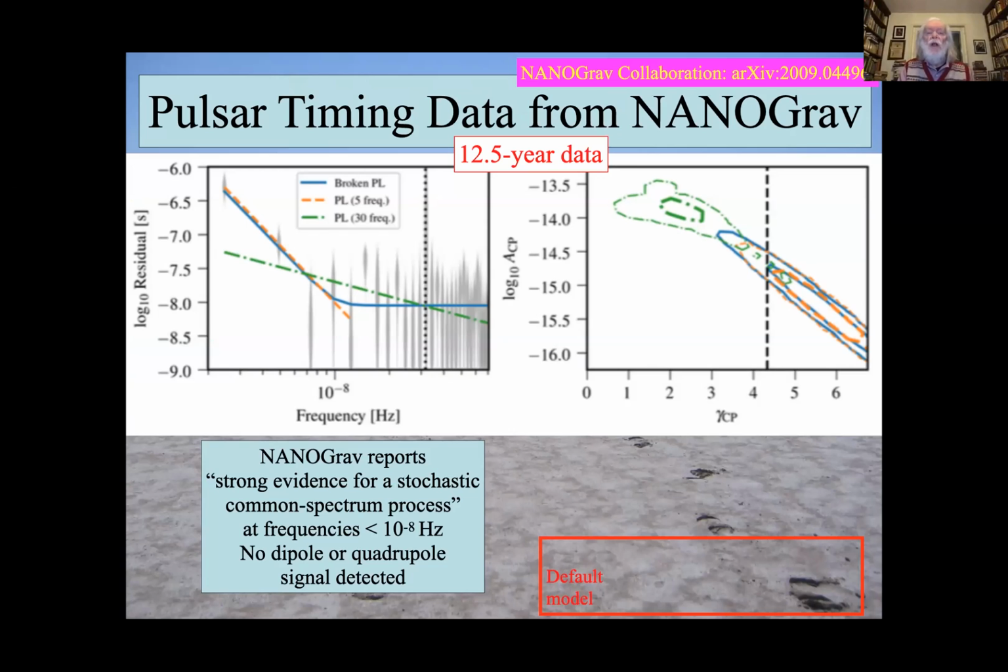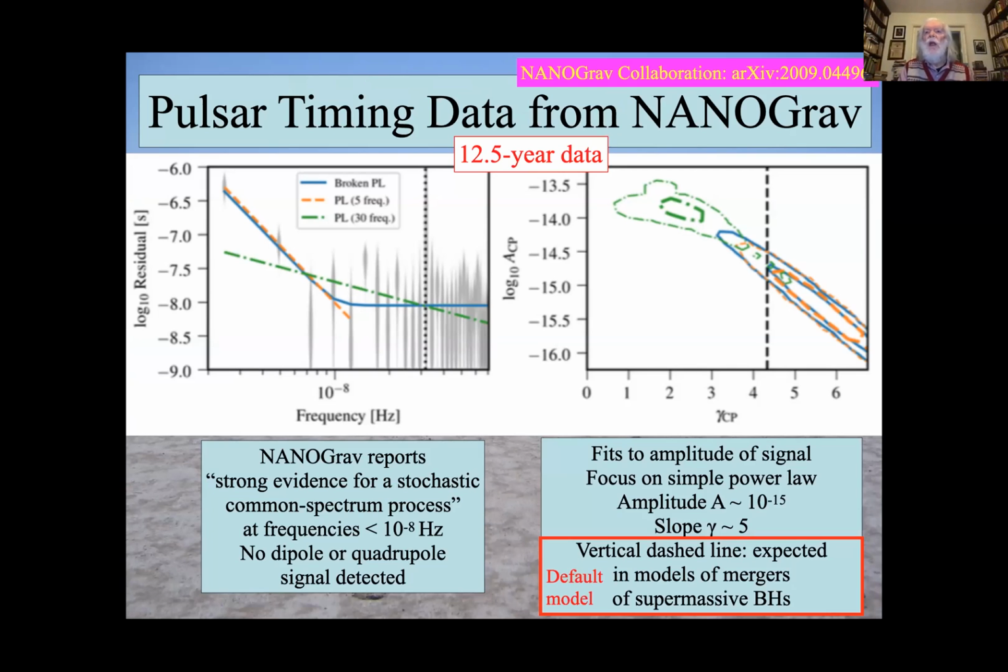To quote the NANOGrav paper, they find strong evidence for a stochastic common spectrum process. What that means is that they may be seeing a signal, although they cannot decompose it into the dipole or the quadrupole effect that you would expect from gravitational waves.